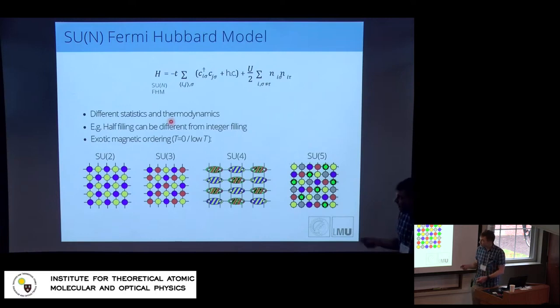And then I already mentioned this exotic magnetic ordering. Also, what people expect with newer work, for example, in the SU3 system, something that now also pops up in the SU2 Fermi-Hubbard system with doped systems, is that some people predict there should be different orders as a function of temperature.